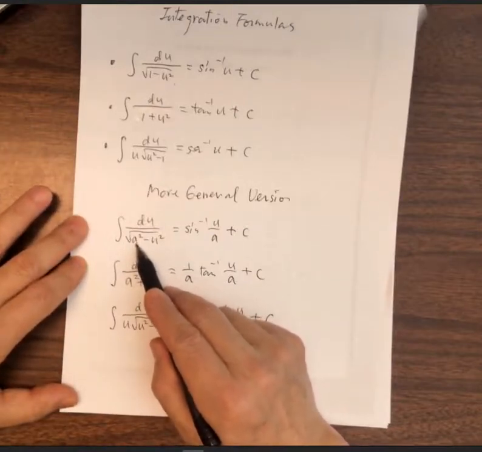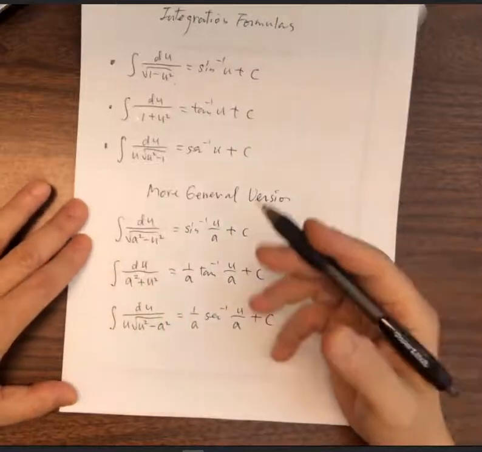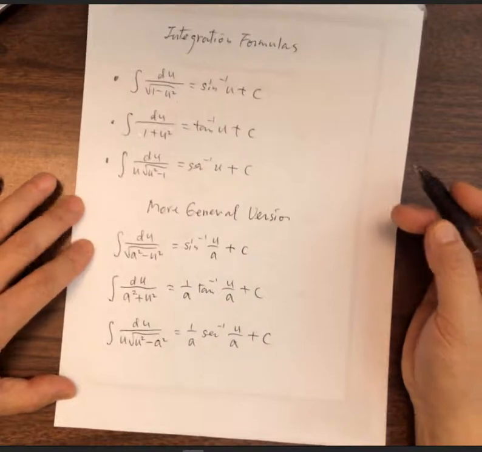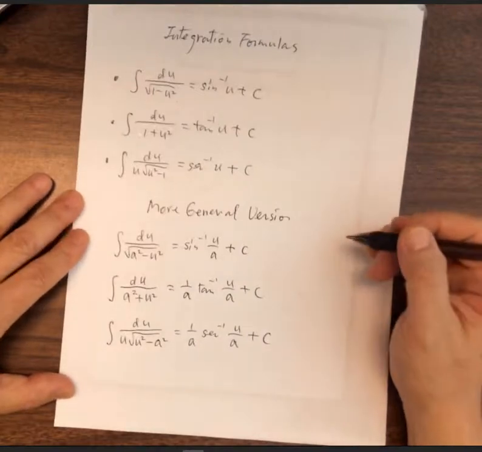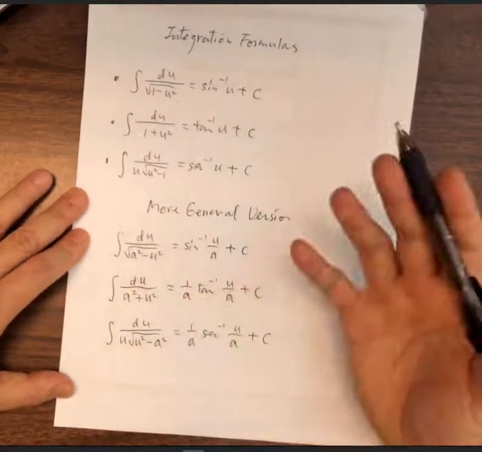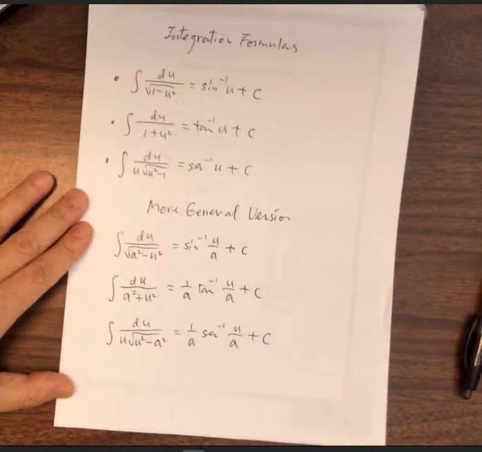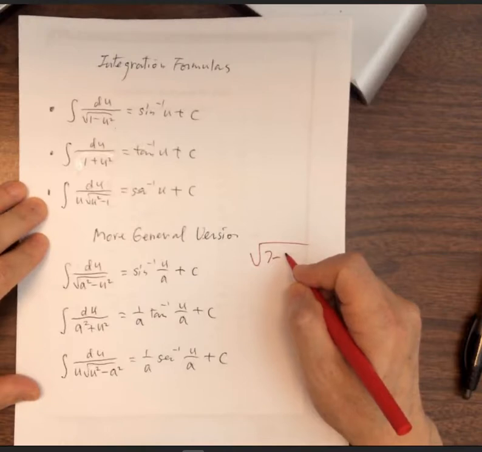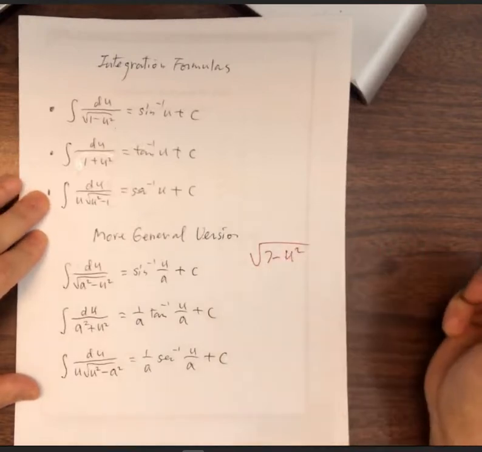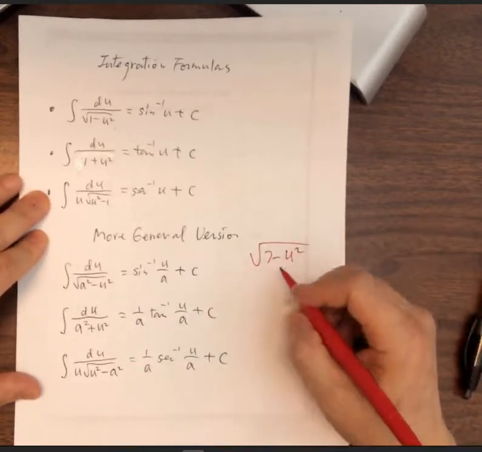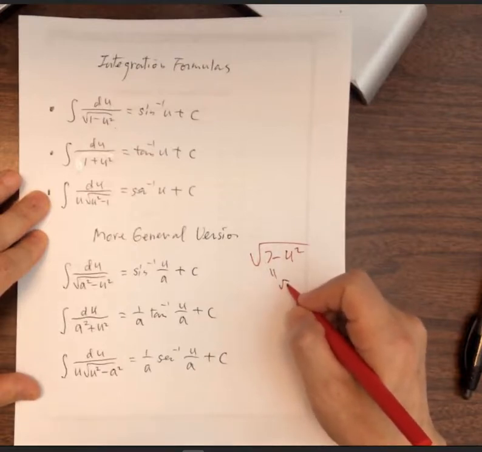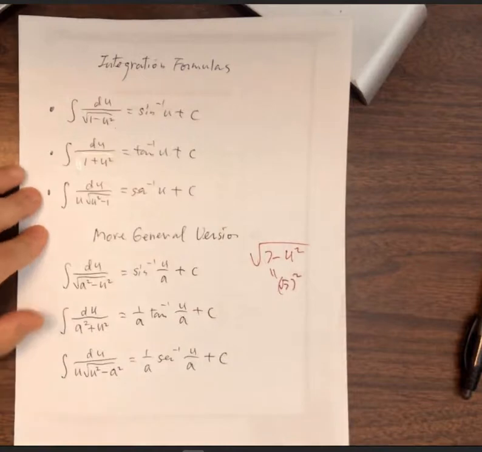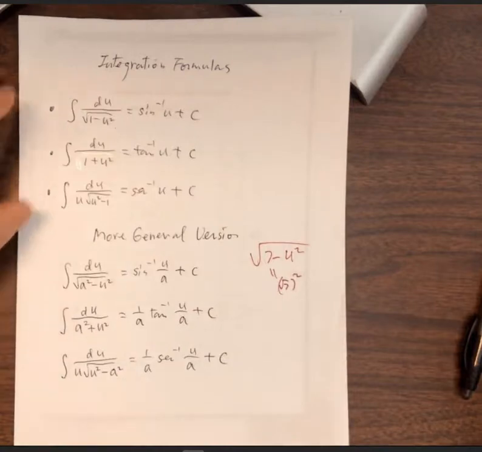So a squared doesn't mean you're always going to say a perfect square, say 25 as 5 squared or 9 as 3 squared. It could be any positive number. Could be, say, square root of 7 minus u squared. That can, of course, be considered as a squared, so your a is square root 7. That's simple to figure out anyway.